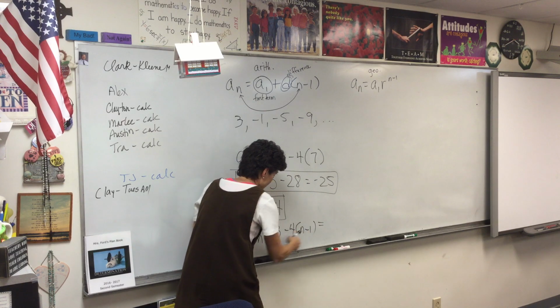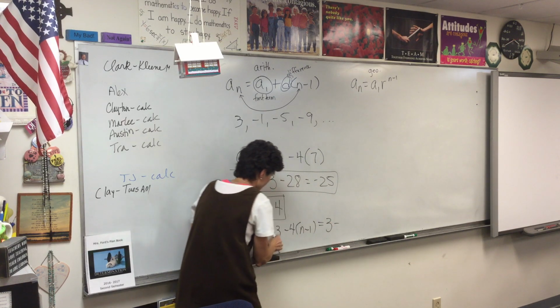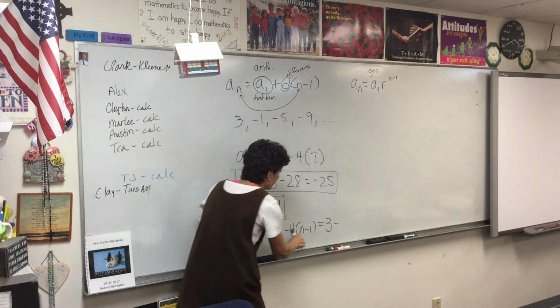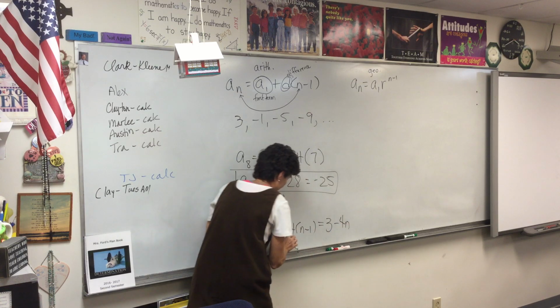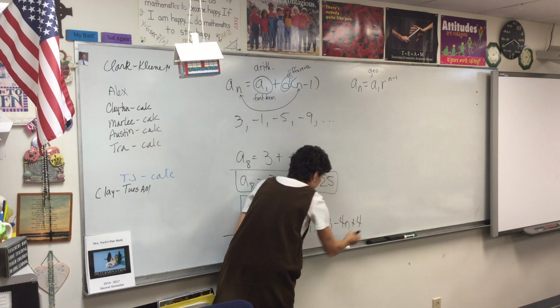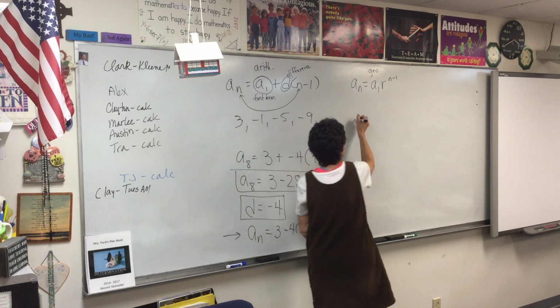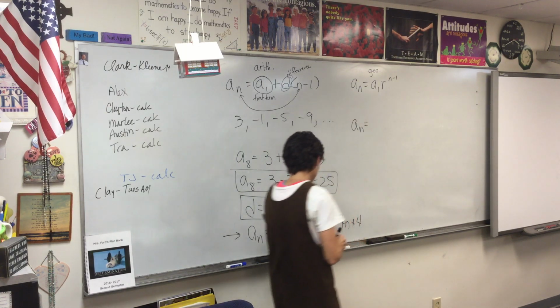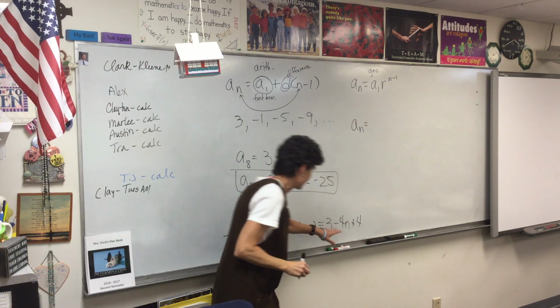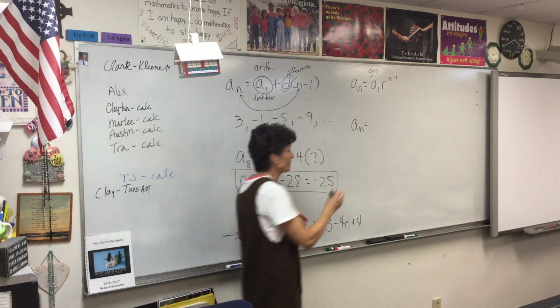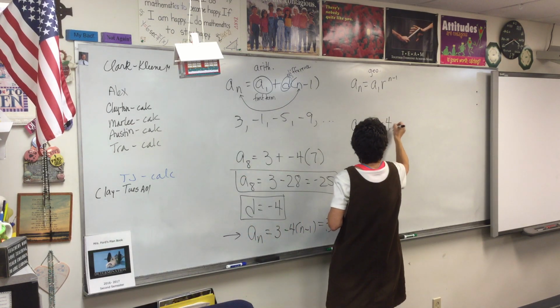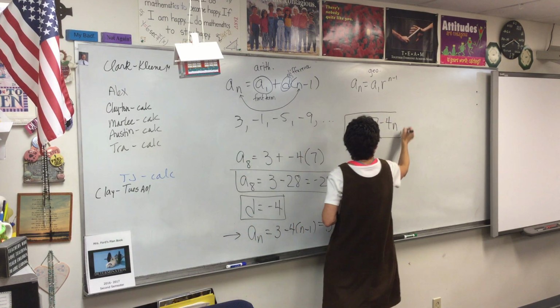So here I can distribute. What will this be? 3 what? Minus 4n plus 4. Now I'll combine like terms. And what's that equal when I combine like terms? 7 minus 4n. And that's called your explicit formula.